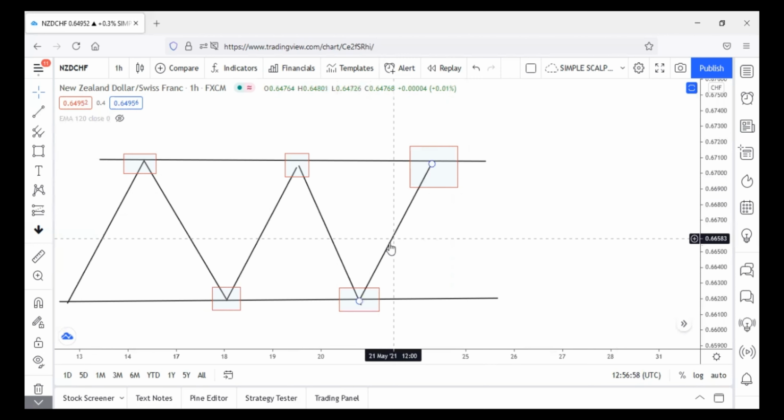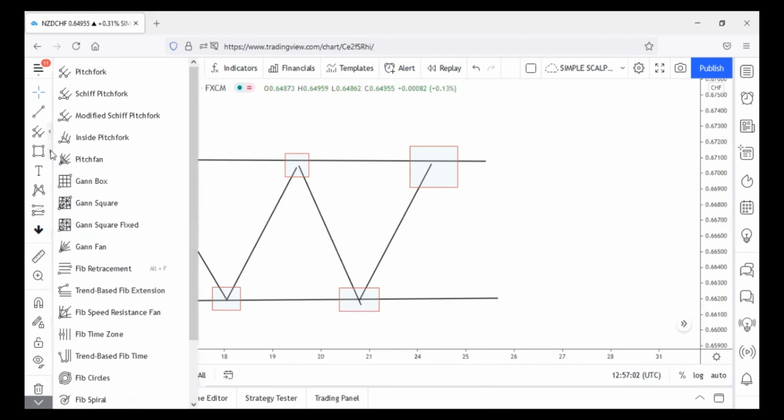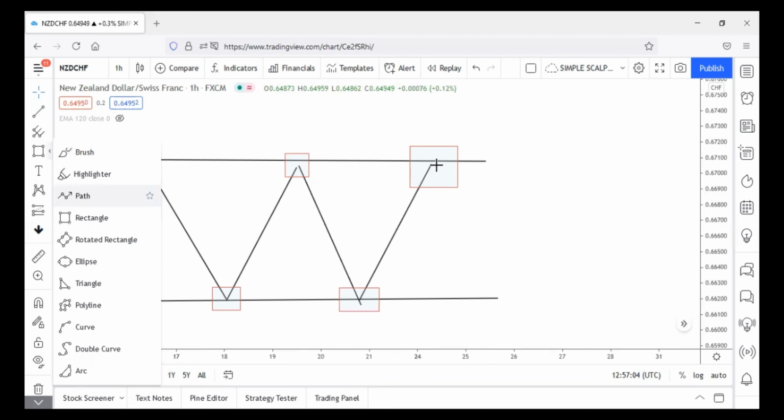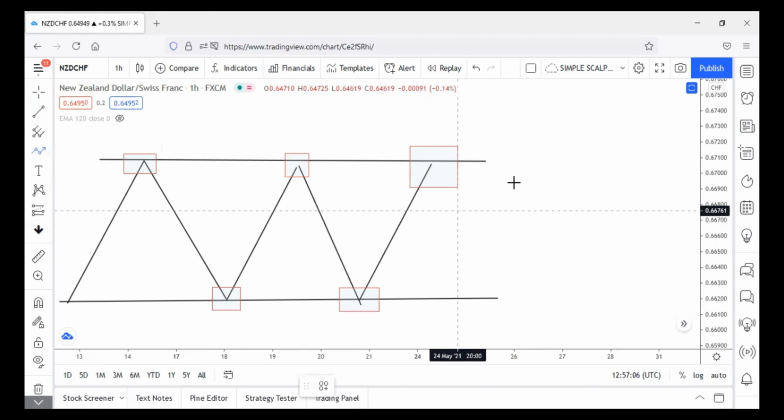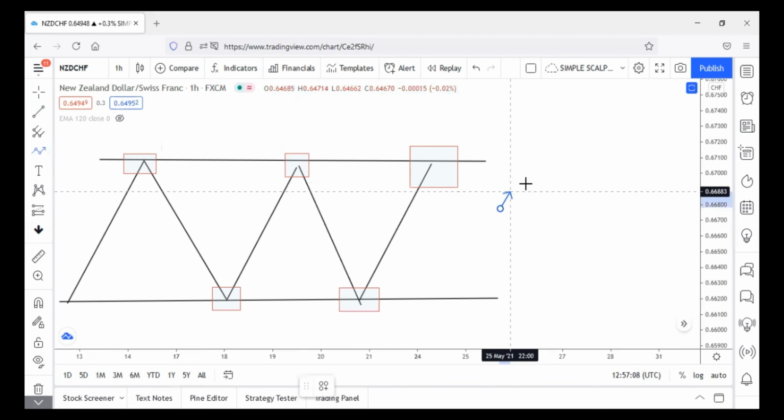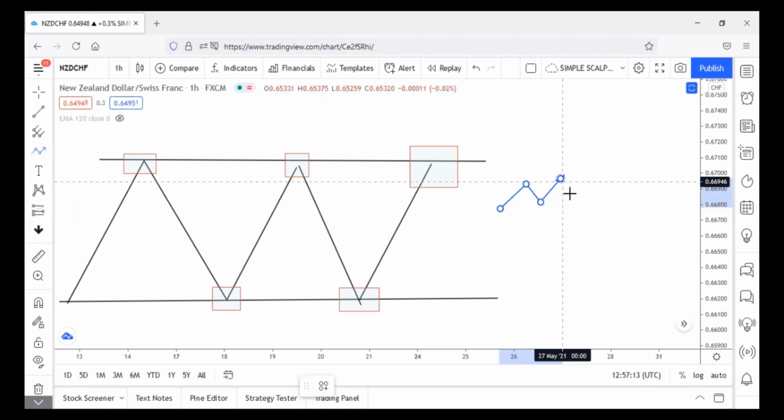What do I mean by slowly? What do I mean by that? You want to be able to see something like this within this area. You want to see price moving at a slow pace. I don't know if you are following me, guys.